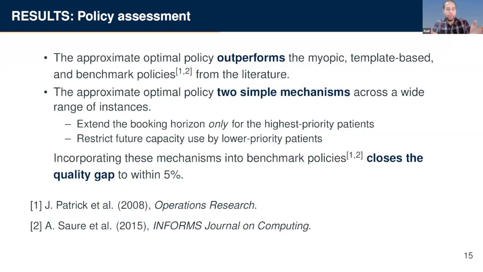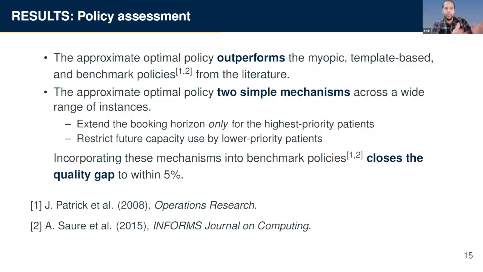So if we are not limiting them, it's highly likely that they're going to utilize the capacity in the future since they have a longer booking horizon. So when future higher priority patients arrive, we have already used the future capacity for lower priority patients, so we cannot schedule them.